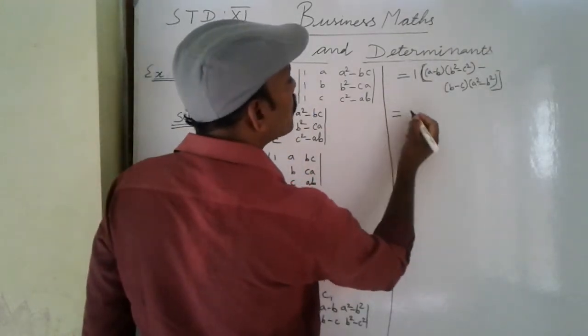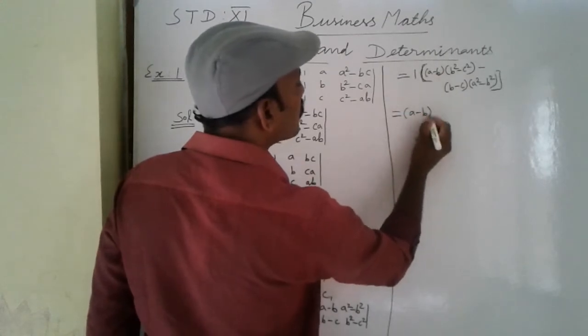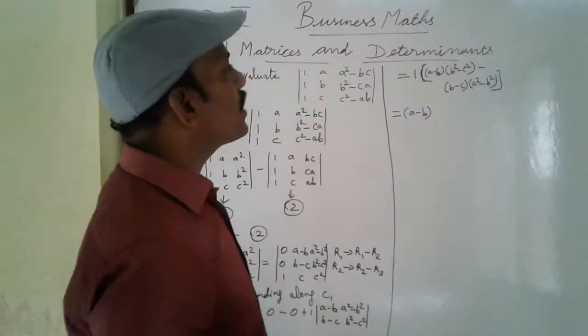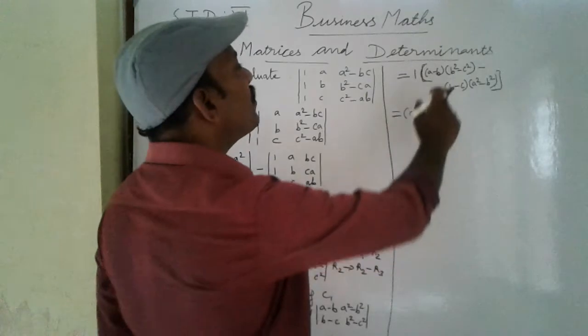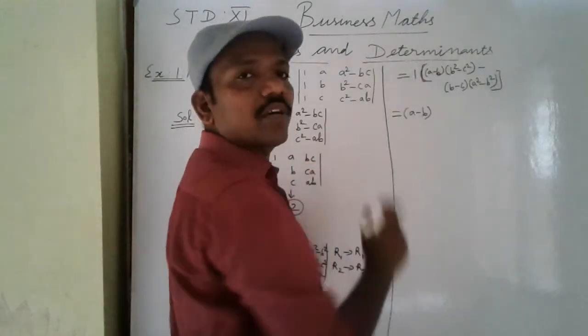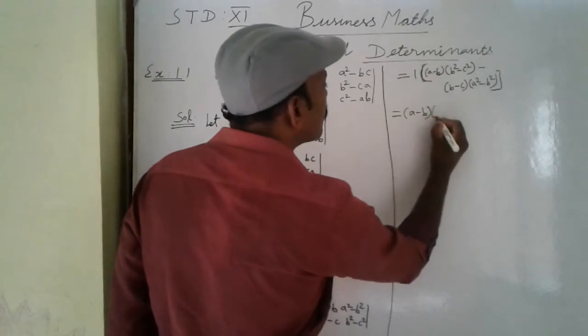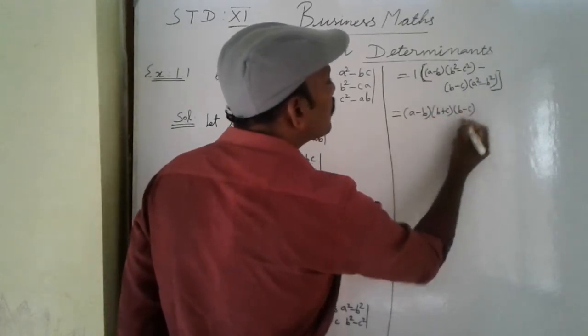So that is equal to a minus b, b square minus c square. We know that the formula a square minus b square is equal to a plus b into a minus b. Same formula we should write here. b square minus c square is equal to b plus c into b minus c.